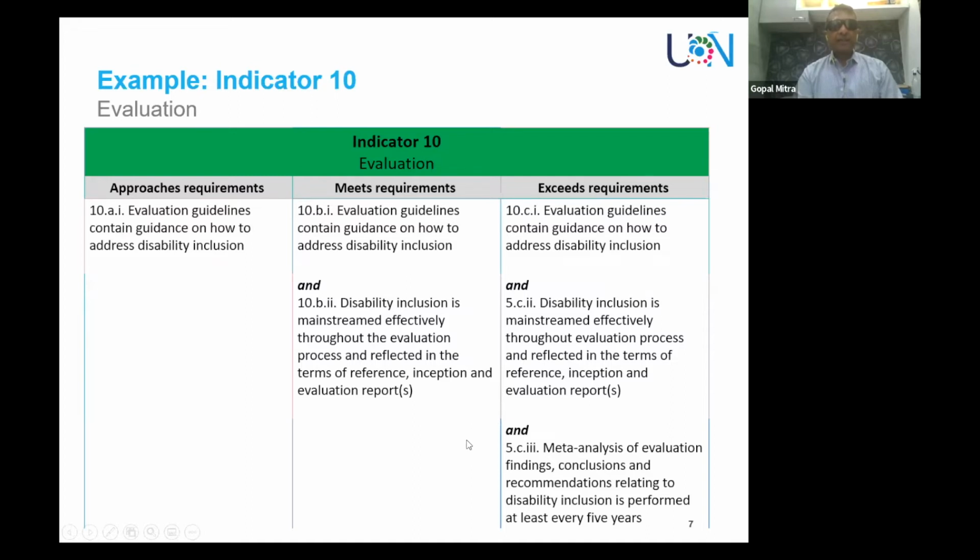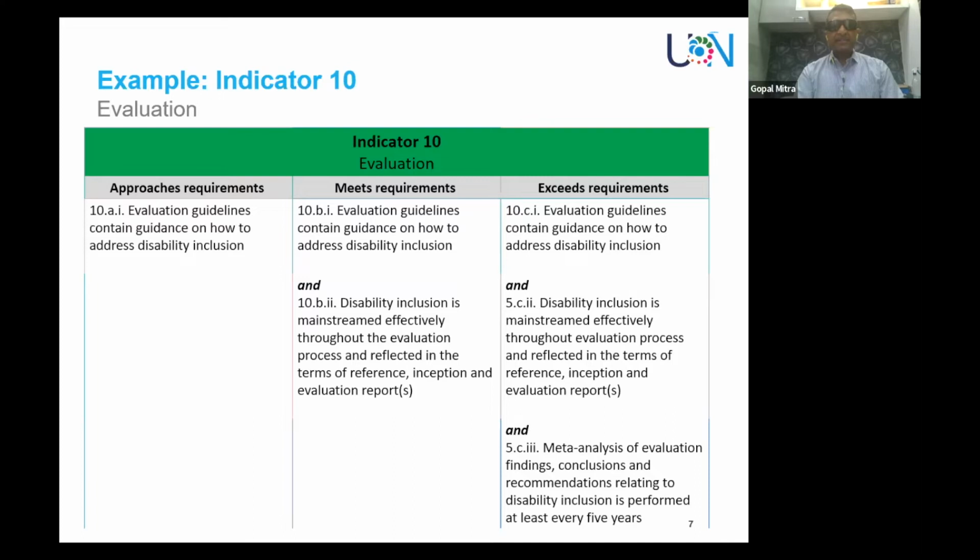To meet the requirements, of course, the entities have to satisfy the first element, that is, evaluation guidelines integrating persons with disabilities into evaluations are in place. And in addition to that, entities would need to implement and work towards ensuring that the evaluation process, in preference the inception and the findings of the evaluation, integrates or includes persons with disabilities in a substantive and meaningful manner. To meet the requirements, that is what entities will have to do. These are the two components.